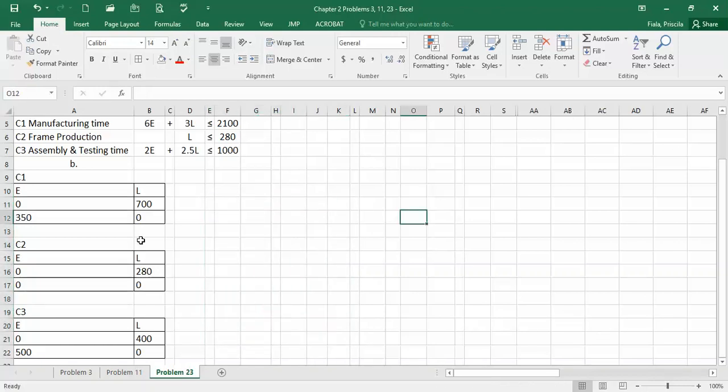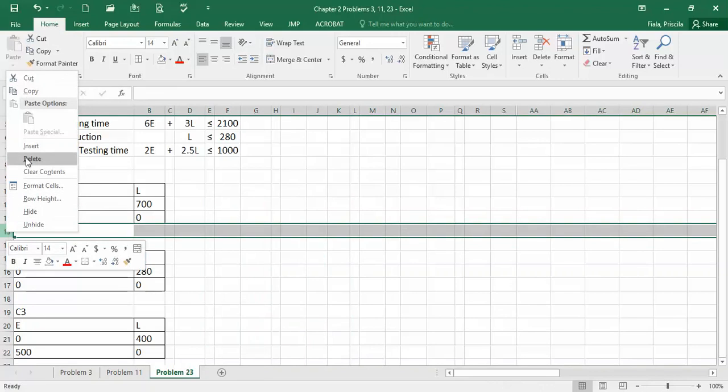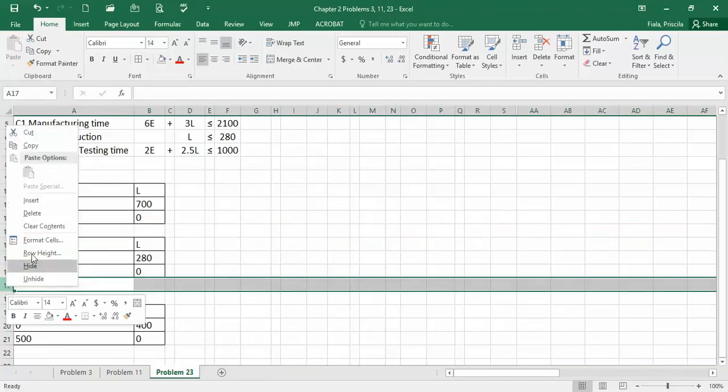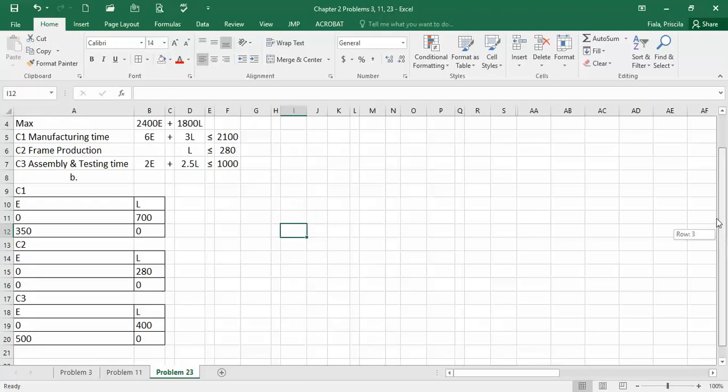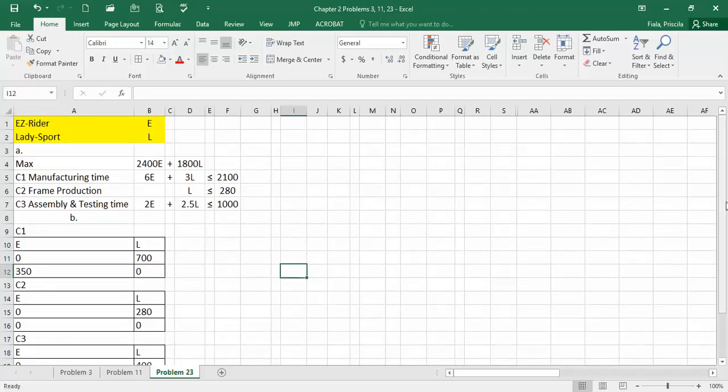And now we're going to do the graph. One thing that I want you to note is that I'm going to be putting E, the left side of my equation, as my X, and L as my Y. So remember, the E is going to be on my horizontal line, and my L is going to be on my vertical line, because they're equivalent to X and Y. Okay, so let's go ahead and insert the graph.